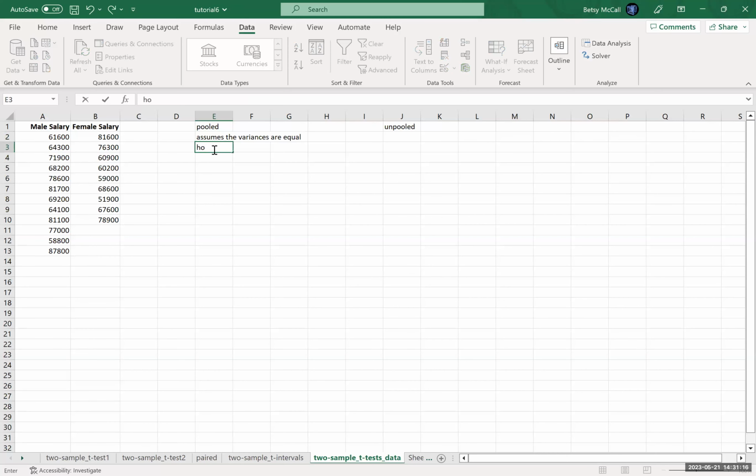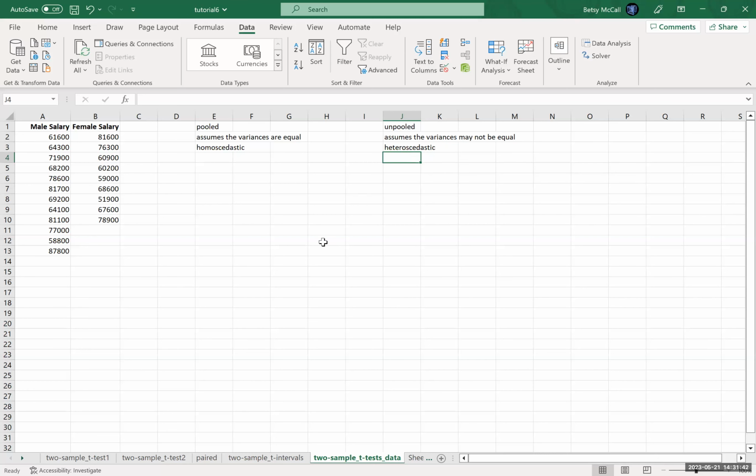Sometimes this is called homoscedastic. That just means the same variance. And unpooled assumes the variances may not be equal. So it does not assume anything about the variances. This is called heteroscedastic.